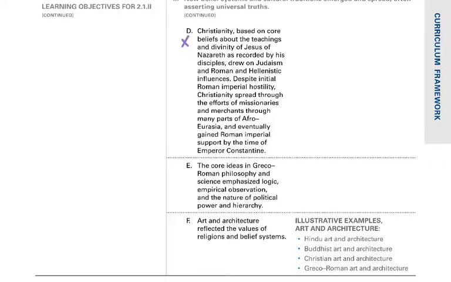So, of course, Christianity is based on the divinity of Jesus of Nazareth, recorded by his disciples. Jesus, much like the Buddha, does not create an organization. It is his disciples afterwards. Jesus is an itinerant street preacher, really pushed by Peter and Paul, and the religion grows after his death.